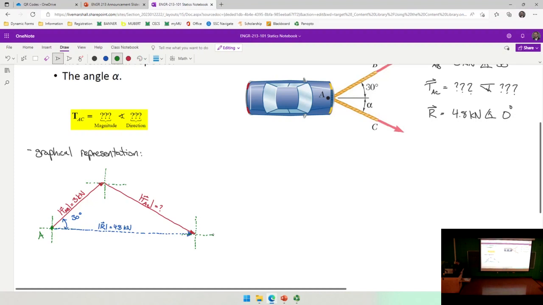So I think that's alpha. But if this angle is alpha, is there another angle related to the triangle that I can label as alpha right now? This angle right here, right? Because this angle right here is also alpha.